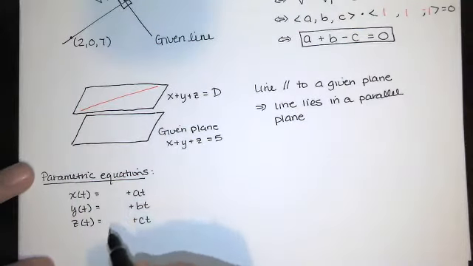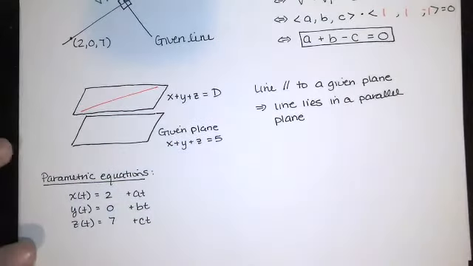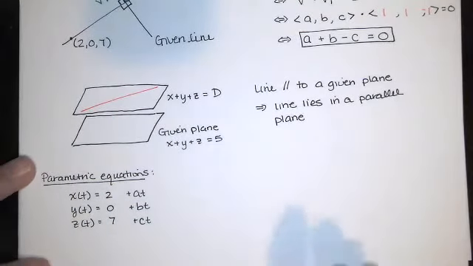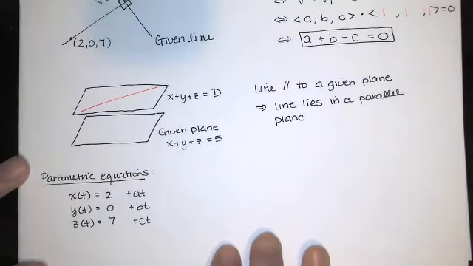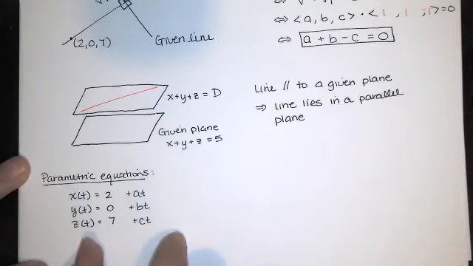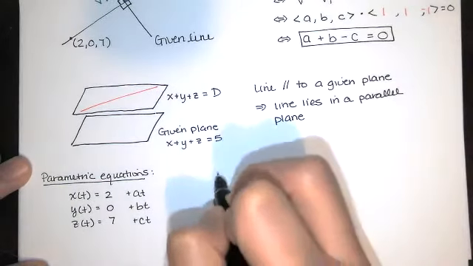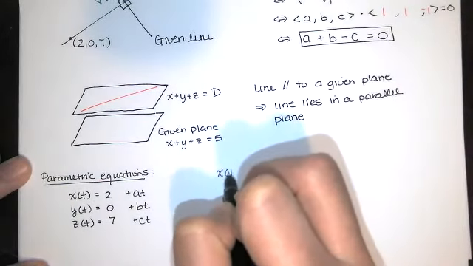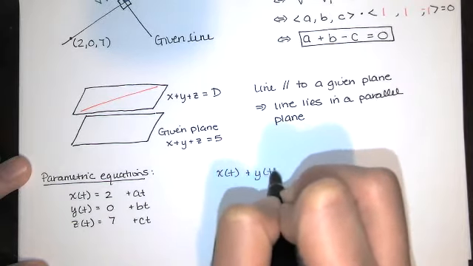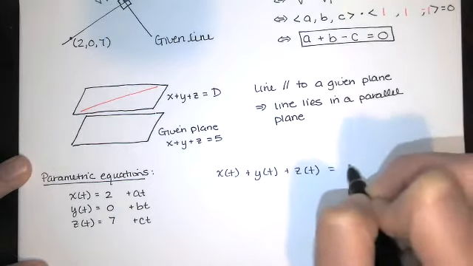And x naught, y naught, z naught are 2, 0, and 7. Those are the coordinates of that point that we were told is on our line. Now, when we substitute these into the equation of the plane, we'll have this: x of t plus y of t plus z of t is equal to D, where D is a constant.